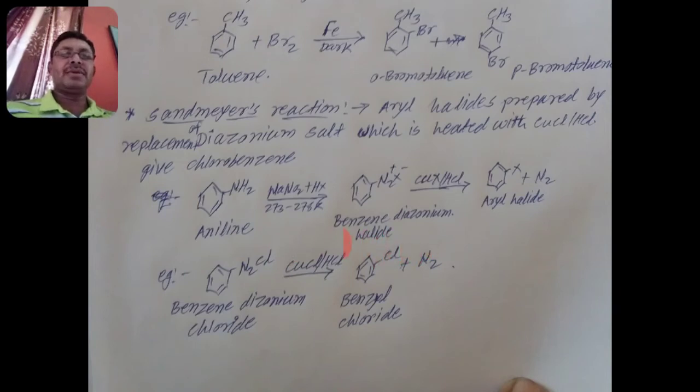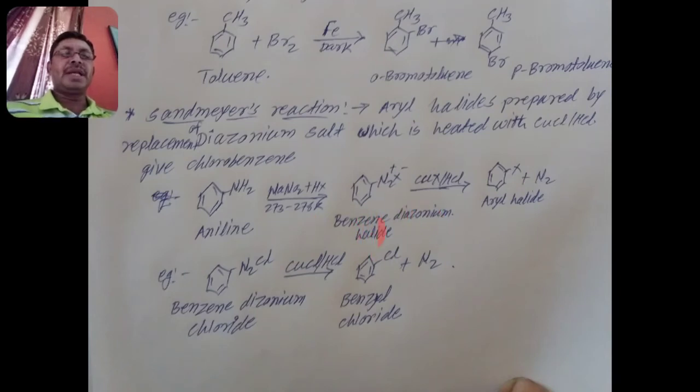The benzene diazonium salt is prepared from aniline. When aniline reacts with sodium nitrite in the presence of HX, that means halo acids, at 273 to 278 Kelvin, we get benzene diazonium salt.